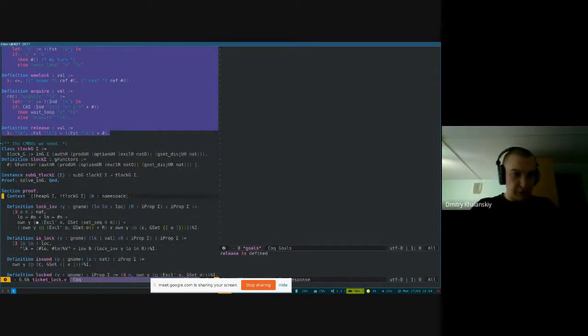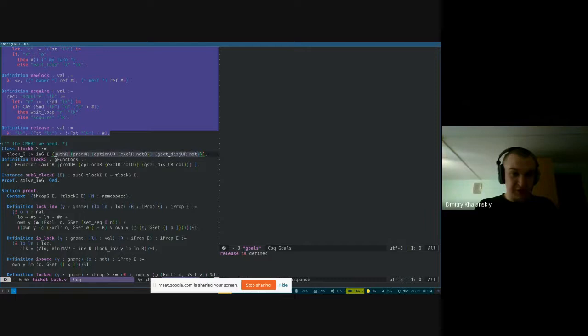Then one has to list the resource algebras that one would like to use. These definitions are really obscure, and I did manage to write fairly competent Iris for nearly a year before understanding what these things mean. So I just copy-pasted those.